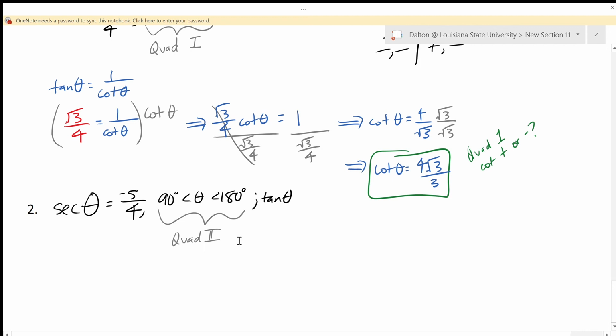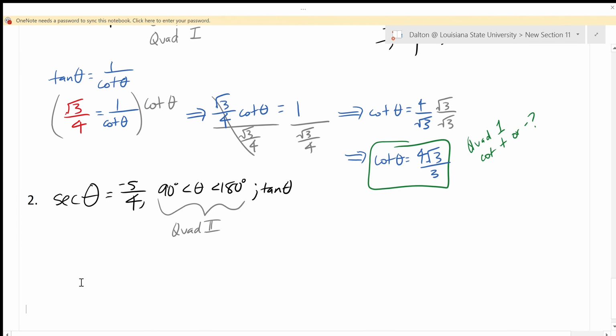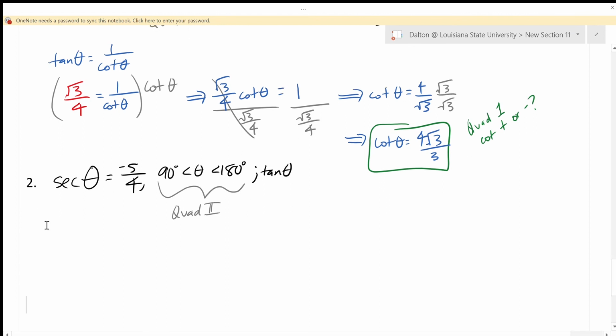Okay, look at your identity chart. Can you tell me of a trig identity, or a few maybe, that have a relationship with secant and tangent? Tangent squared theta plus 1 equals secant squared theta.